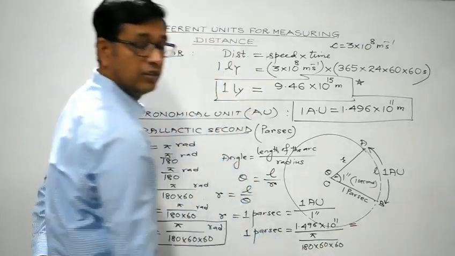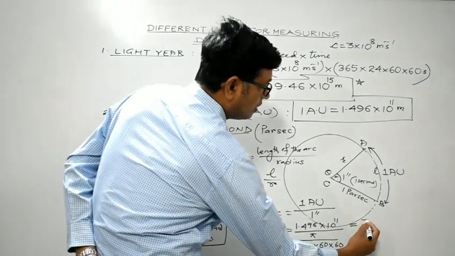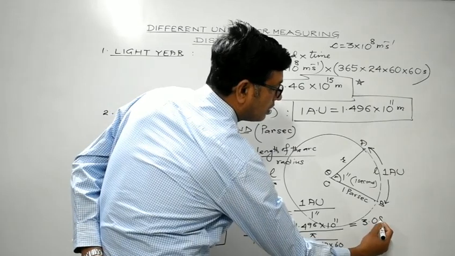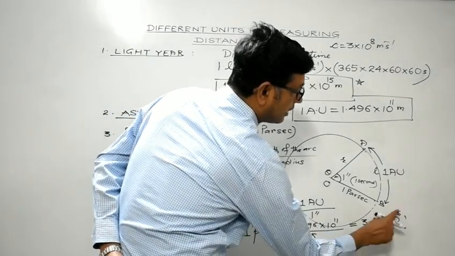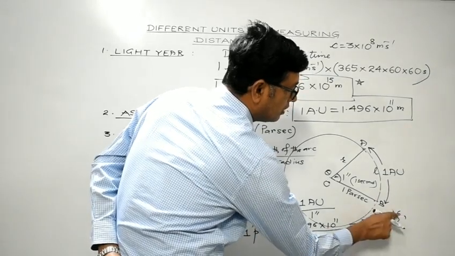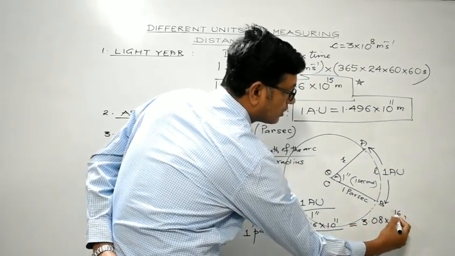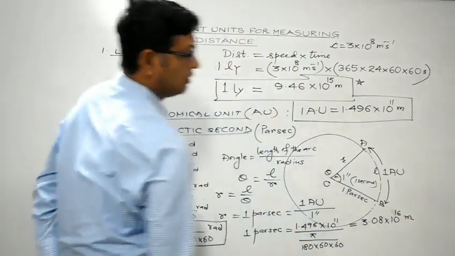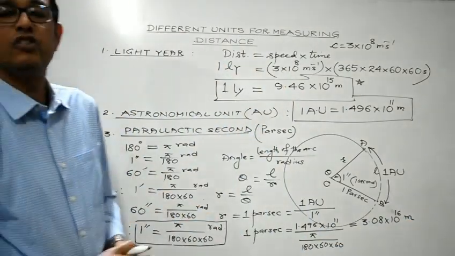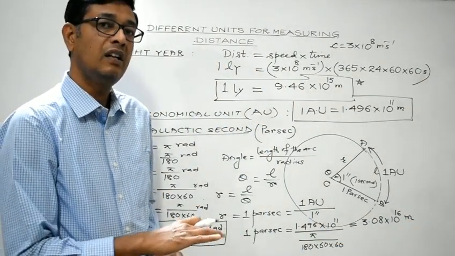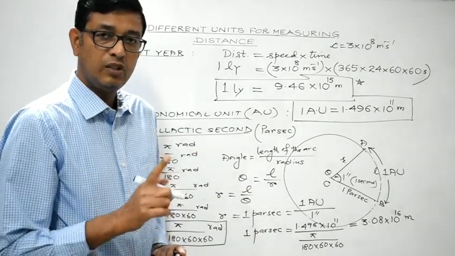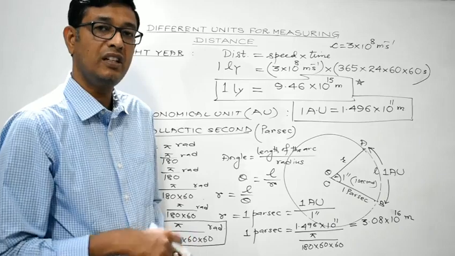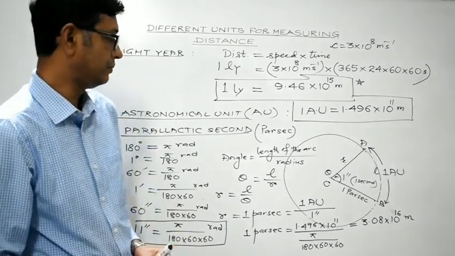If you solve it, you will get 3.08 into 10 raised to power 16 meters. This is the relationship between parsec and meter. 1 parsec is 3.08 into 10 raised to power 16 meters, right?